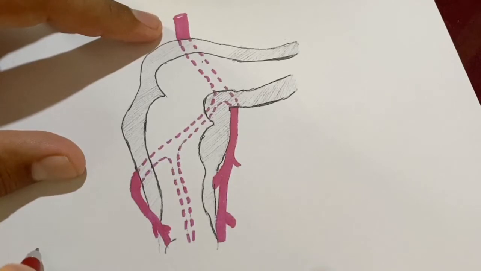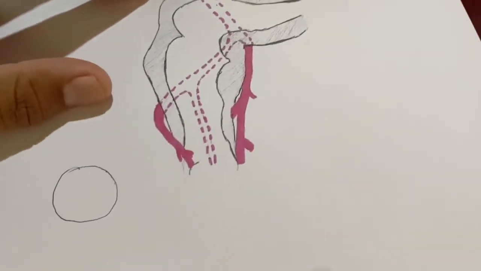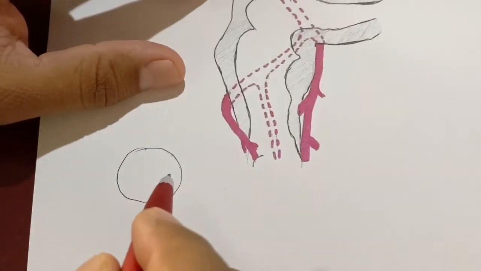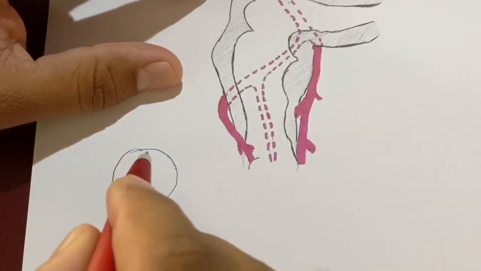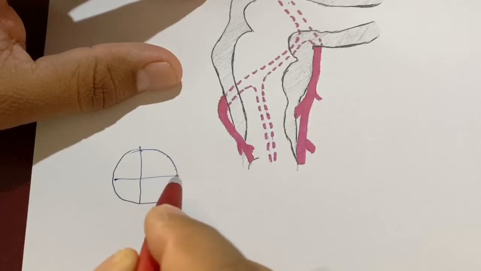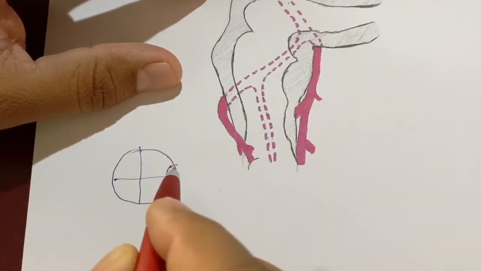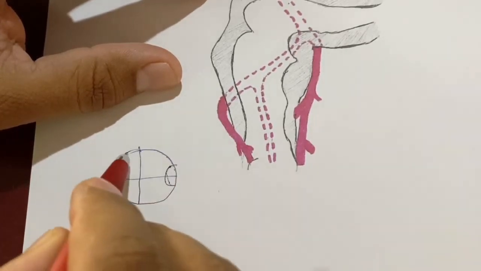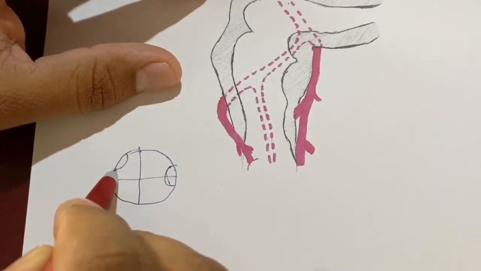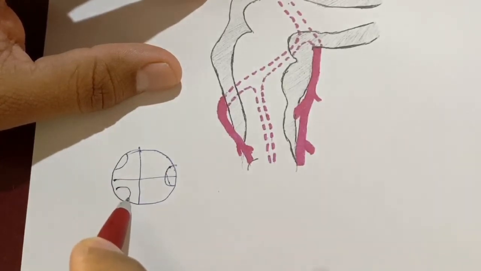When we look at the anal canal, the common sites for hemorrhoids are left lateral, right anterior and right posterior.